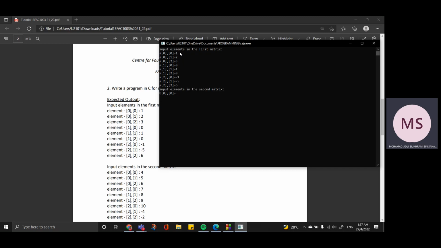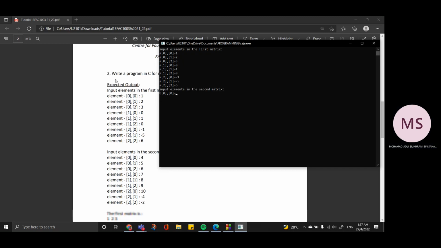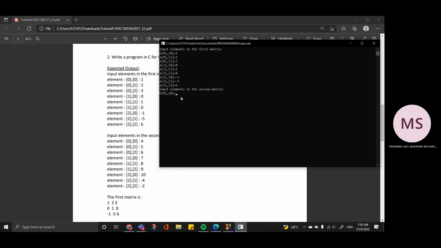For the second matrix, they ask for 4, 5, 6, 7, 8, 9, and 10, 84, and -2.